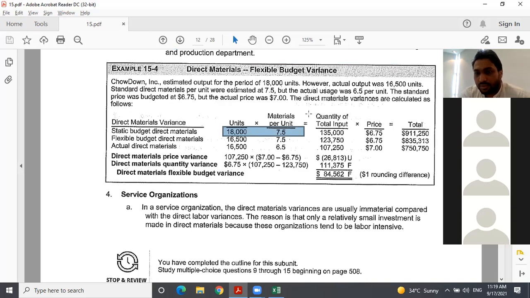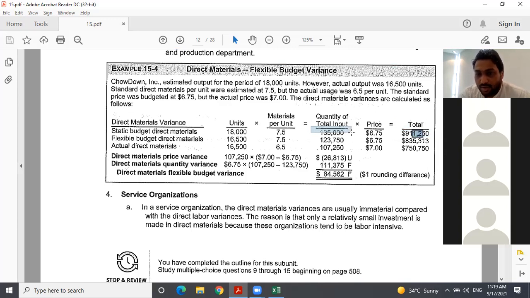You have to use 7.5 units to produce one unit of output, so the standard quantity will be 135,000. Clear? And your standard price will be 6.5. So 911,250 will be your standard cost.